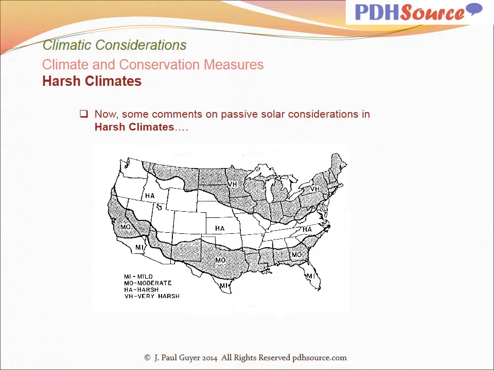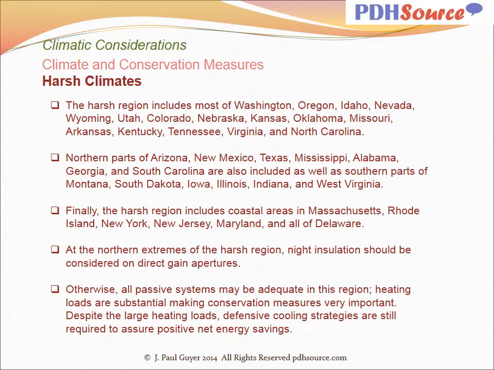Now some comments on passive solar considerations in the harsh climates. The harsh region includes most of Washington, Oregon, Idaho, Nevada, Wyoming, Utah, Colorado, Nebraska, Kansas, Oklahoma, Missouri, Arkansas, Kentucky, Tennessee, Virginia, and North Carolina.